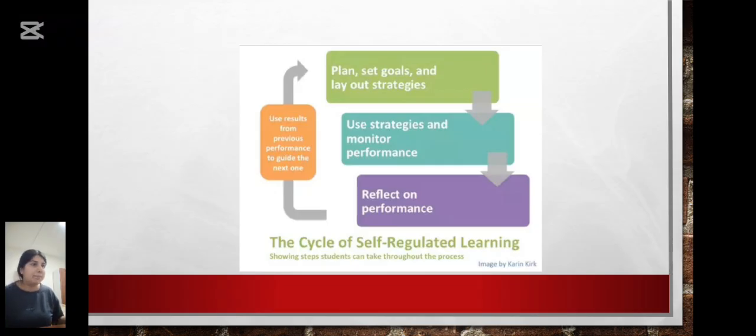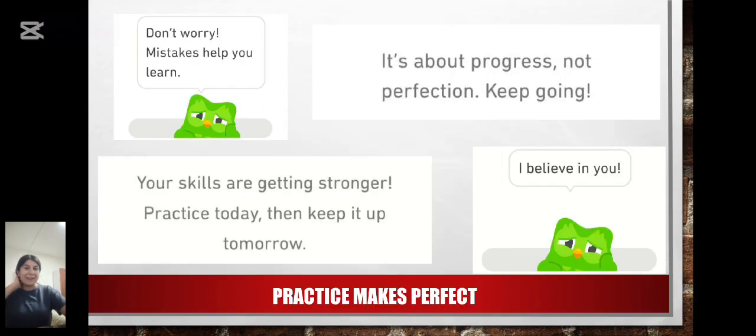The next thing is what I want to tell you, self-regulated students. At first, don't worry, please. Mistakes help you to learn. It has always been like that and always will be. Then you must believe in yourself. If not you, then who will believe?